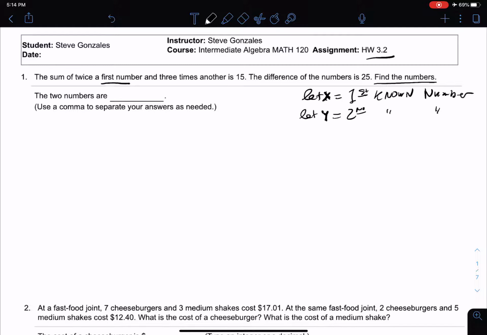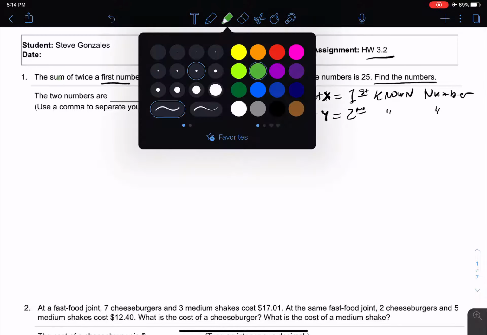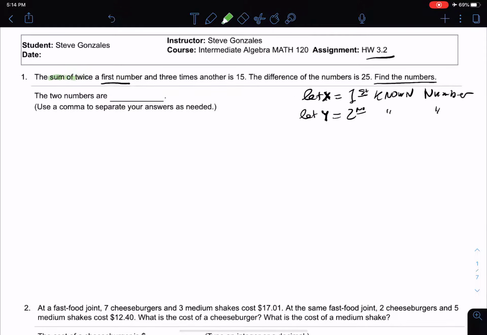Now, let's go ahead and read the first line. It says the sum of twice the first number. So when it says the sum, we've got to add.